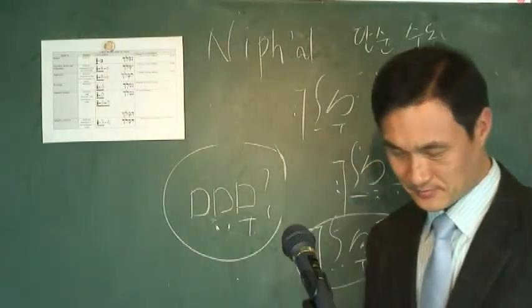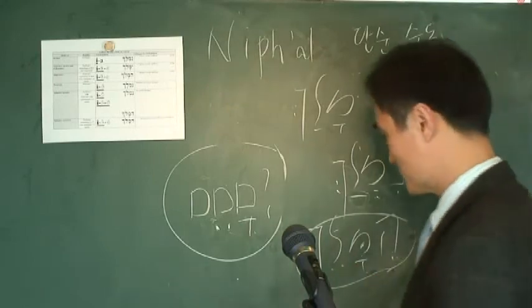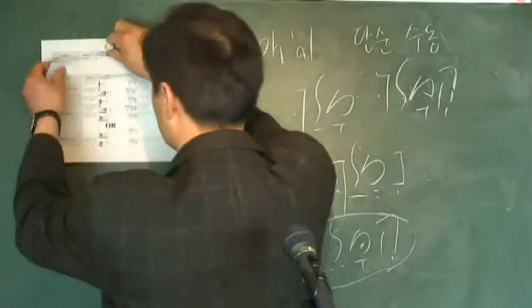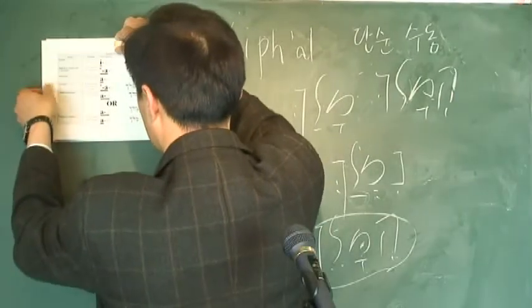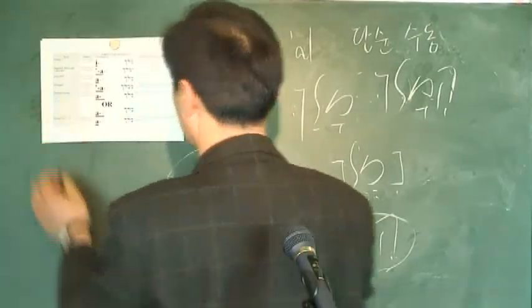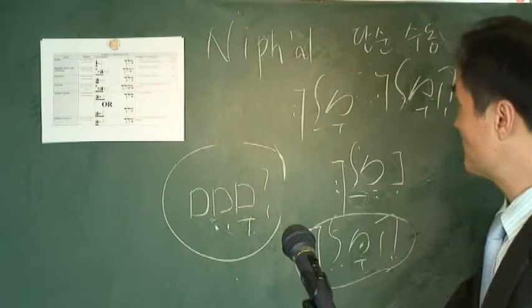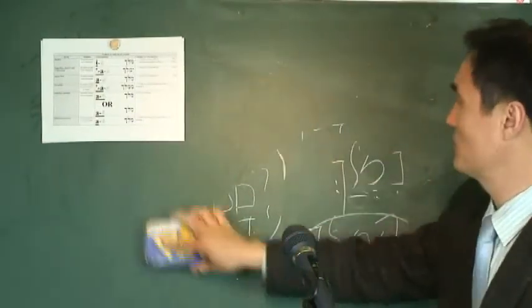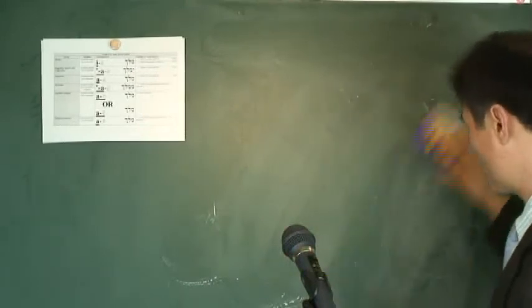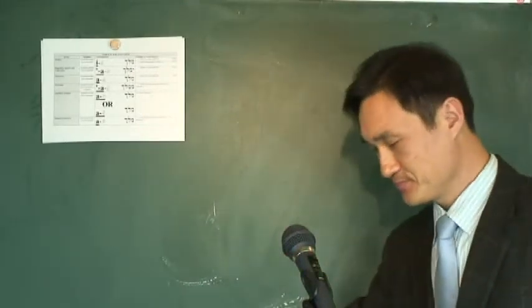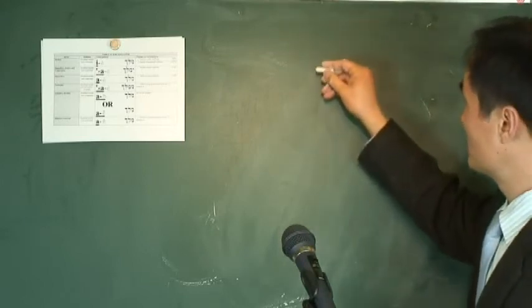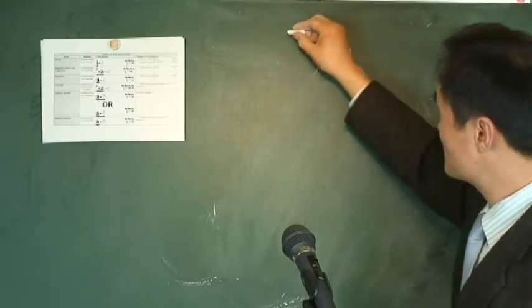Next, let's look at the Piel verb. The perfect form and the imperfect form can be found through the name of the Piel verb.